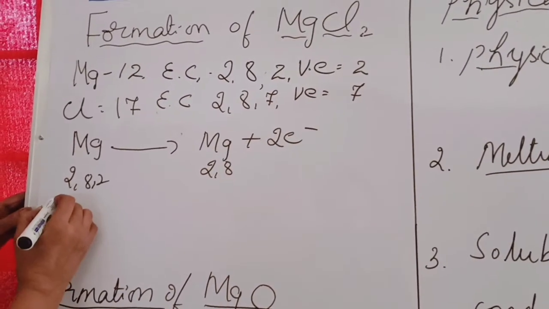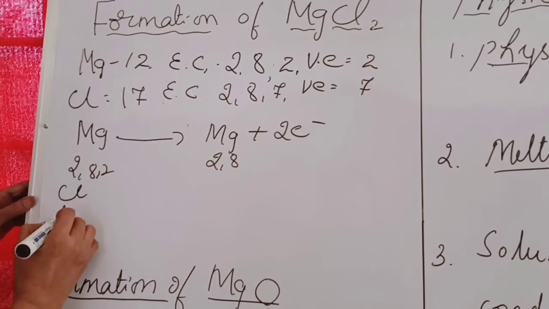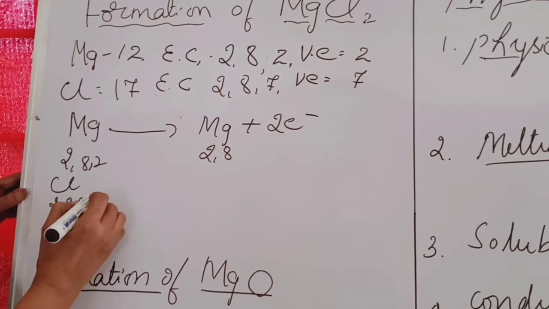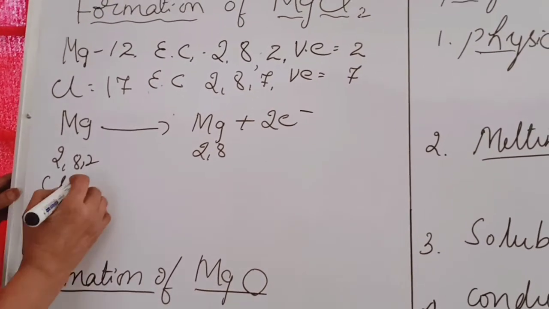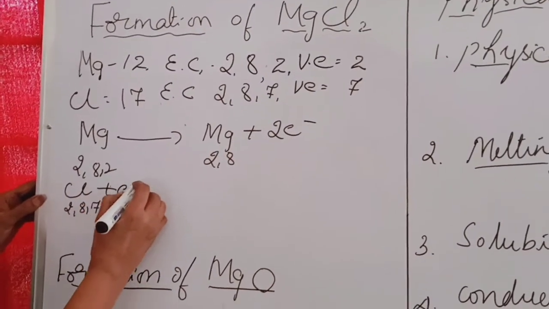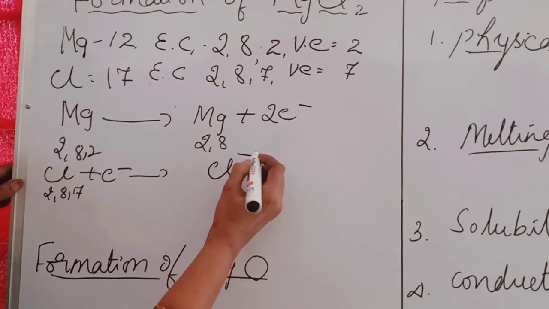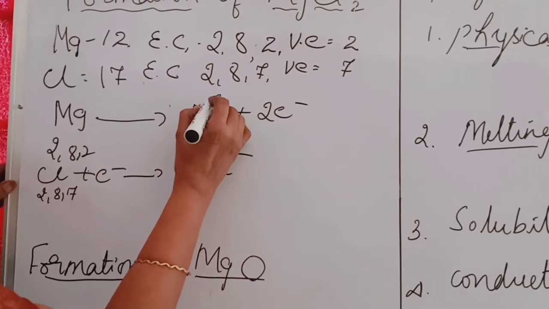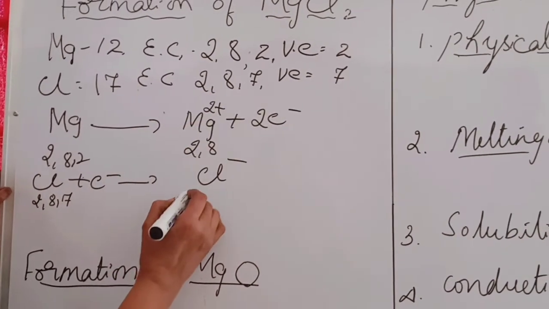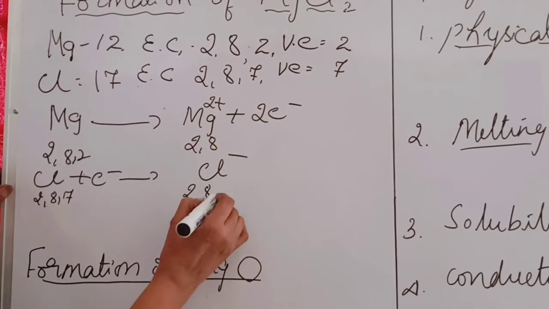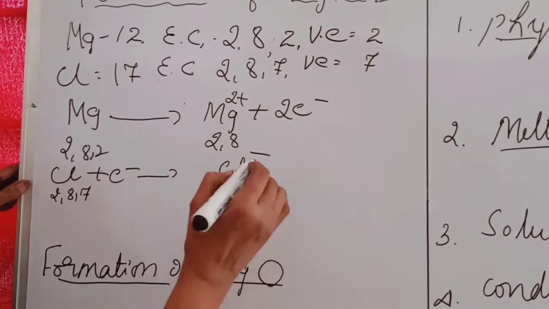Now chlorine, 2, 8, 7. It gains 1 electron to form octet and becomes negatively charged, 2, 8, 8. Magnesium becomes positively charged.